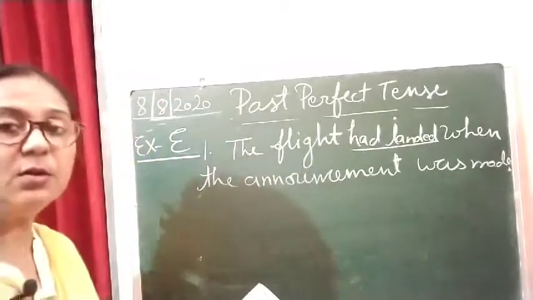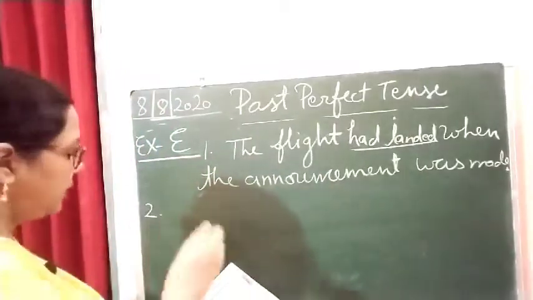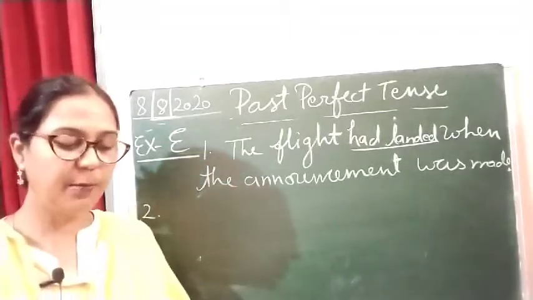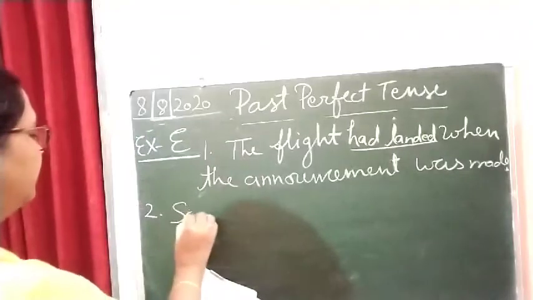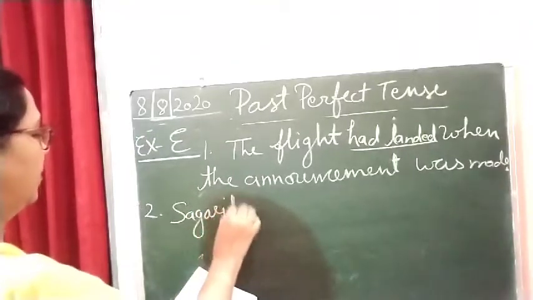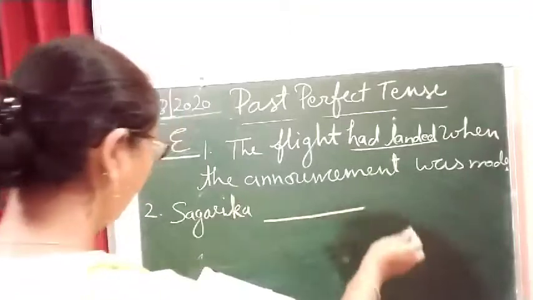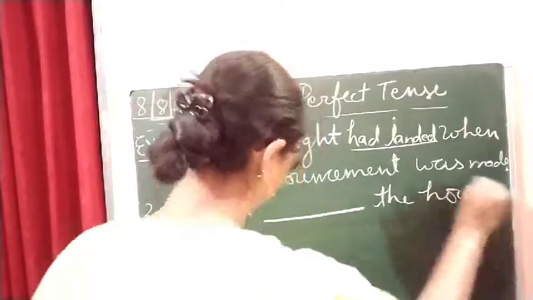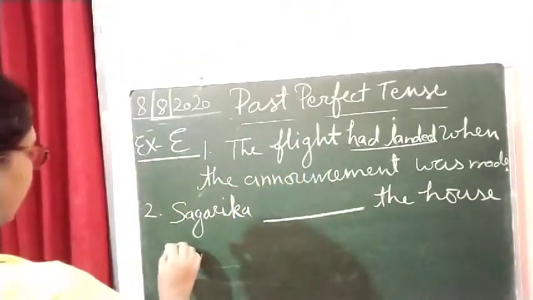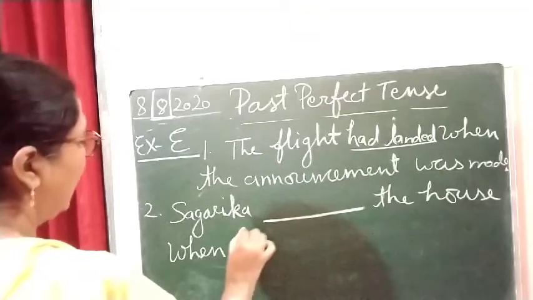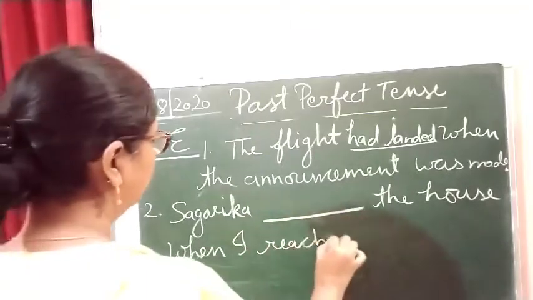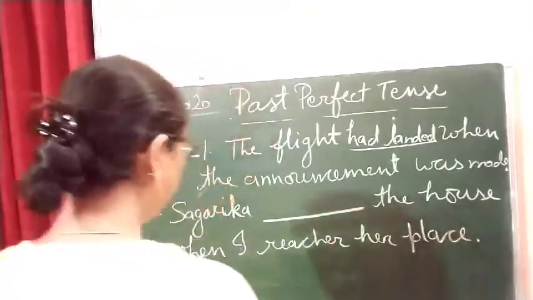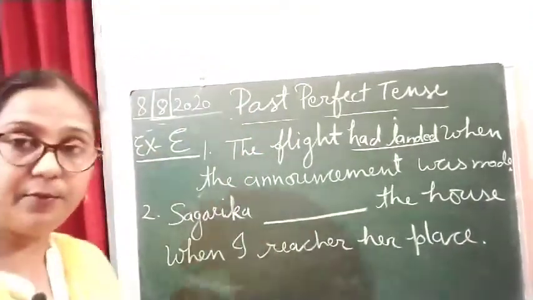Now we are moving to second number. In second number, Sagarika dash the house when I reached her place. The word given here is leave.